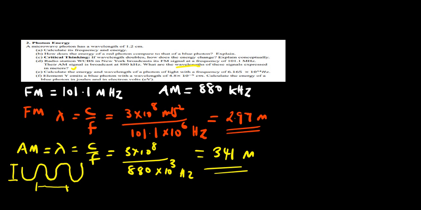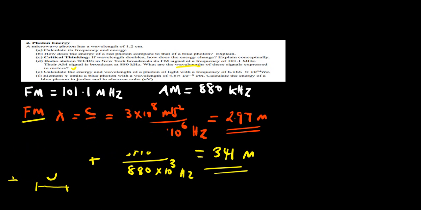Now one thing you should know is that frequency modulated signals don't make a lot of noise. But amplitude modulated signals usually make a lot of noise here and there, though it depends on what you're using. But this radio station, WCBS in New York, is able to broadcast using both FM signal and AM signal.